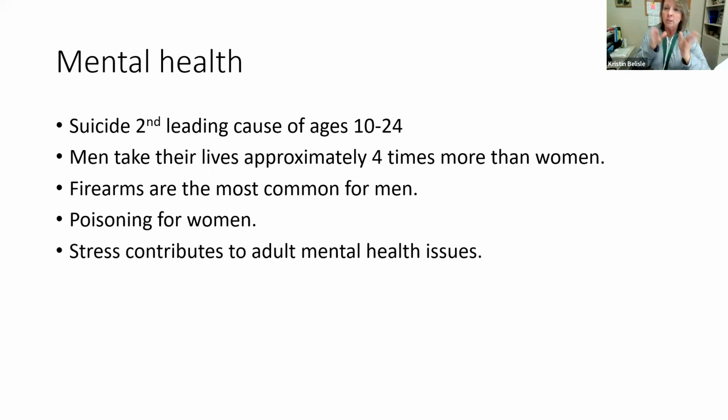That's why when I talked about violence in the other chapter, and we talked about money, if it's a stressful situation, a high stress level for both people involved in the household, dealing with lack of money, then it can lead to a violent event, an abusive situation. So things connect, and I want you to connect them as you think about things. But stress contributes to adult mental health issues, just so you know.